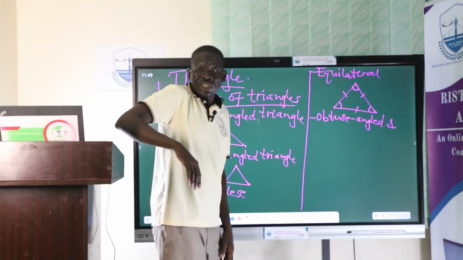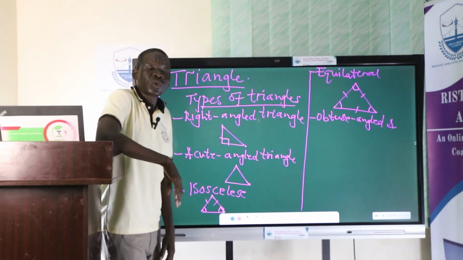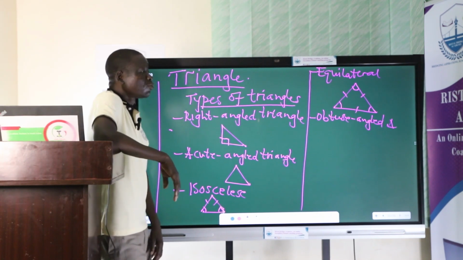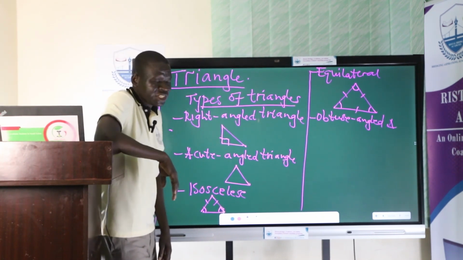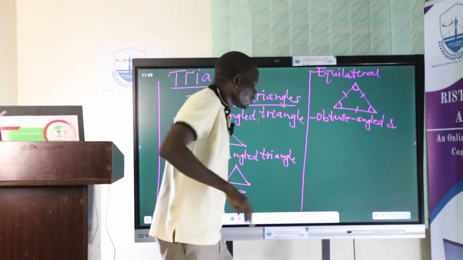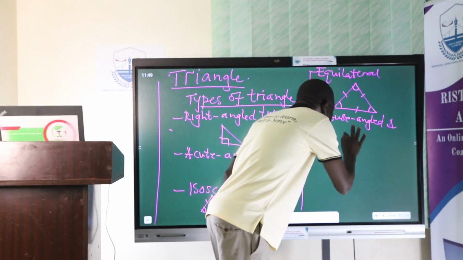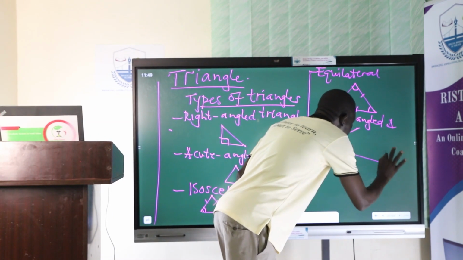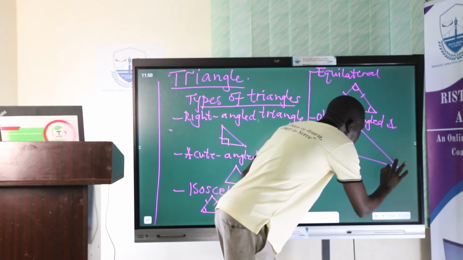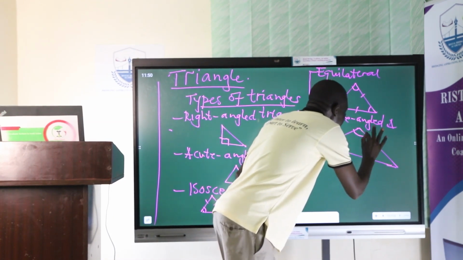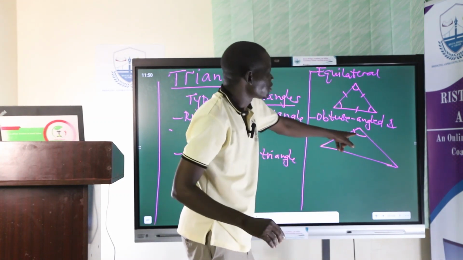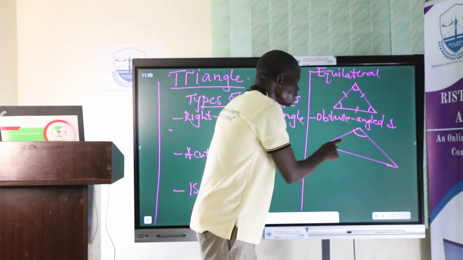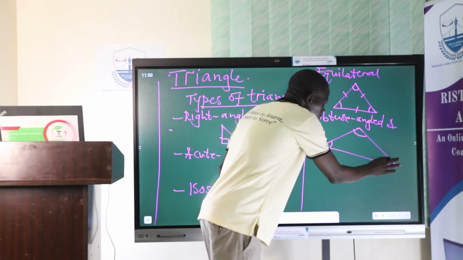This is the type of triangle which has one of the angles more than 90 degrees but less than 180 degrees. So this is how it looks like. Obtuse angled triangle looks like this. This angle must be more than 90 but less than 180.